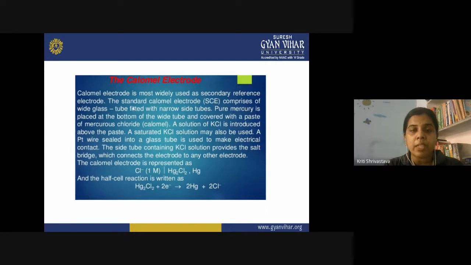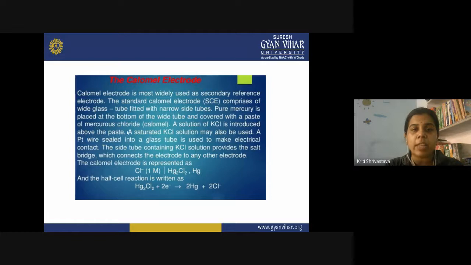Now pure mercury is placed at the bottom of the tube and covered with a paste of mercurous chloride. First, inside the narrow tube, a small amount of mercury is placed, and then above that mercury, a paste of mercurous chloride, which is commonly known as calomel, is put above the mercury layer. That is why it is known as the calomel electrode.